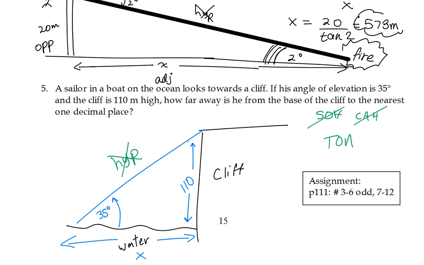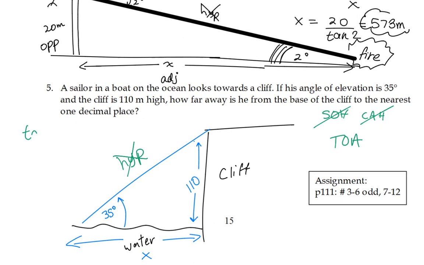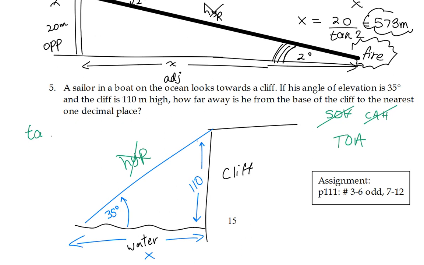Gotta use tan. What always goes next to tan? The angle. Now you just fill in op over adj. Which one of those is op? 110 or x? 110. Ooh, unknown in the bottom. They've gotta switch. Some of you are getting real good at this. So 110 over tan 35.